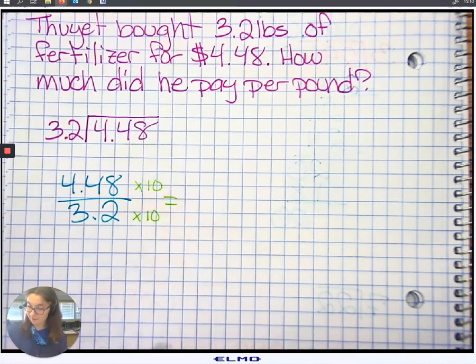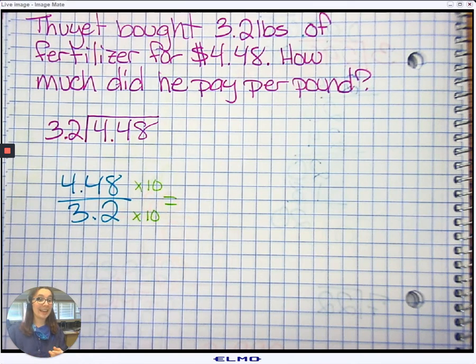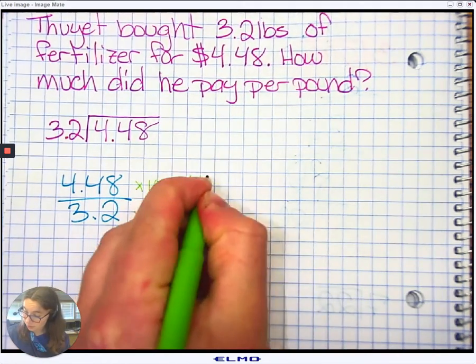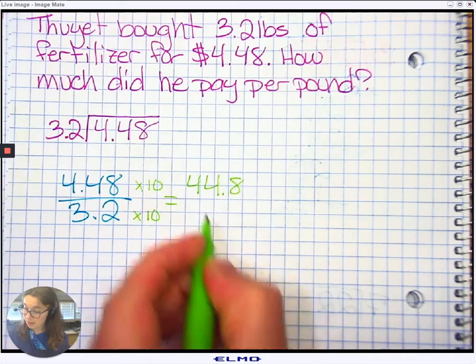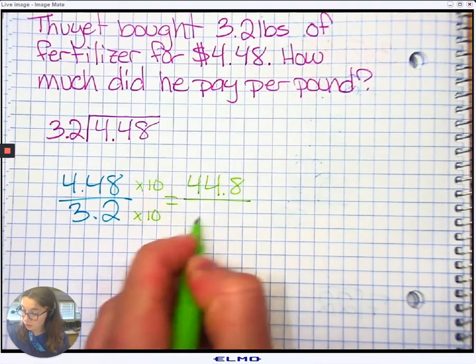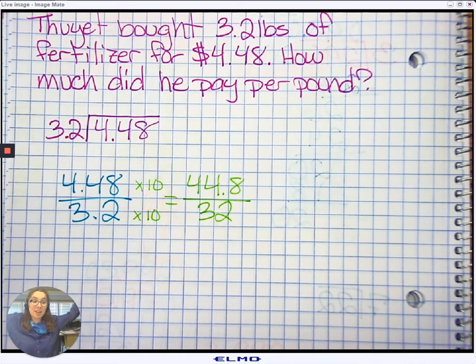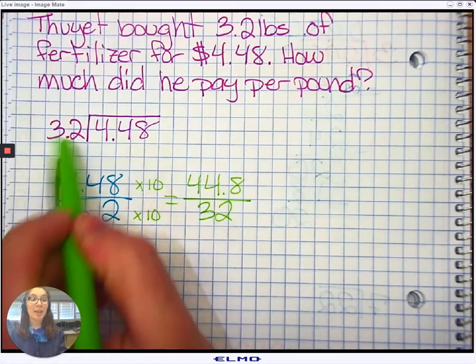Now we have, and when you multiply something by 10, the decimal takes a little leap to the right, 44.8 over 32. Now our divisor no longer has a decimal. Huzzah! No more decimal in our divisor. When dividing a decimal by a decimal, the divisor needs to be a whole number. We have to have this number out here be a whole number.